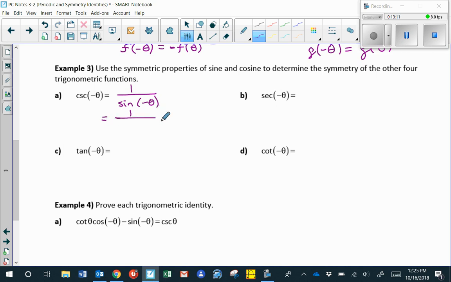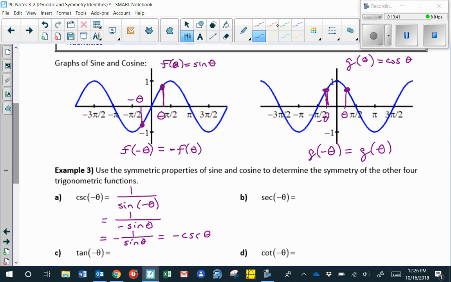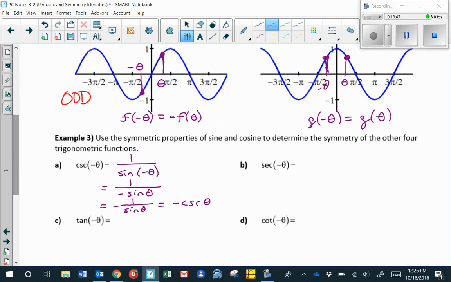Well, we know that sine of the opposite of theta is the opposite of sine of theta, so this is the opposite of 1 over sine of theta, so it's the opposite of cosecant of theta. So this would have the same symmetry as the sine function. And by the way, we're going to call the sine function an odd function, so that makes the cosecant function also an odd function.